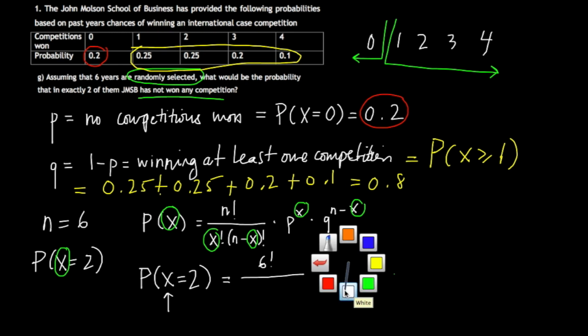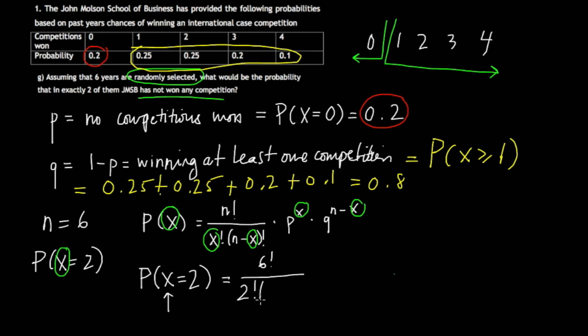So this translates into 2 factorial down here multiplied by 6 minus 2, and this parentheses will be factorial as well, multiplied by, so then you see here is my p, 0.2, to which I associate what I'm looking for in the question, the 2 outcomes, exactly 2, and then my q, which is 0.8, is associated to the n minus x, so 6 minus 2, which is very different.